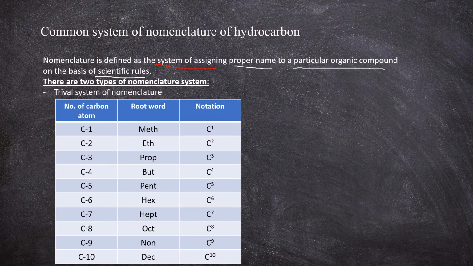These are the number of carbon atoms, this is the root word, and this is the notation: 1, 2, 3, 4, 5, 10. When there is one carbon, you have to remember these root words: meth, eth, prop, but, and oct, non, dec.